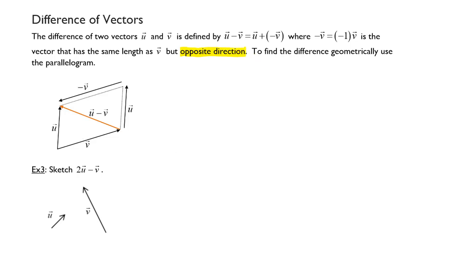To find the difference geometrically, use the parallelogram. If you take this picture here and you look at u and v, and you recognize that v goes to the top right direction, negative v will go to the bottom left direction.